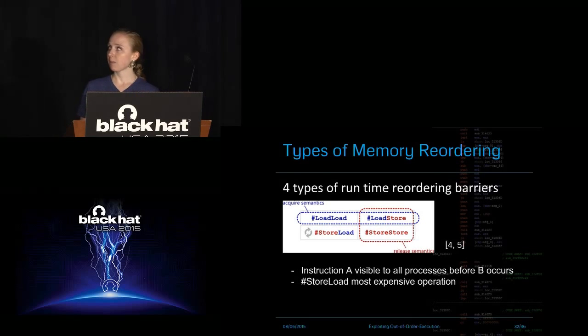There are 4 different types of memory reordering barriers, and I just thought I'd go over the 4 options you have. You can stop loads and loads from being reordered, load stores, etc. And based on what I was saying earlier, I'm preventing the store load optimization from occurring, so I'm maintaining the stores before the loads.